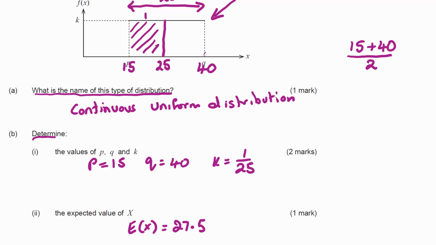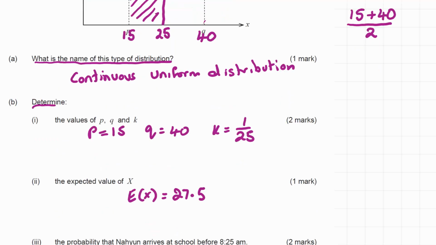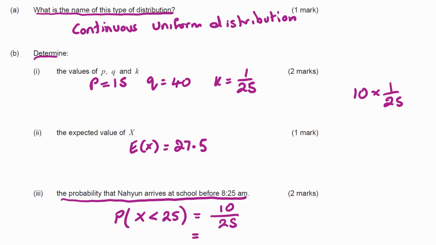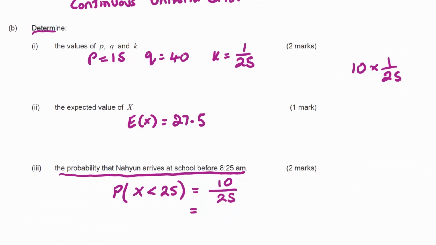We can see the width of that is 10, and so quite simply, the probability of x being less than 25 is going to be 10 divided by the entire width, or you could do that as 10 times 1 over 25, because we know that that would be the area of that rectangle, since the height of the rectangle is 1 over 25. And of course, both of those divide by 5, so we could cancel that down to 2/5.